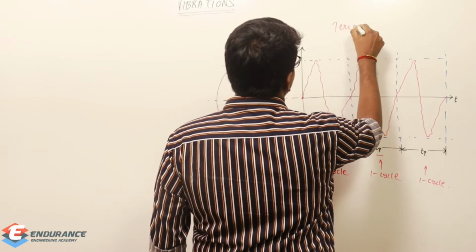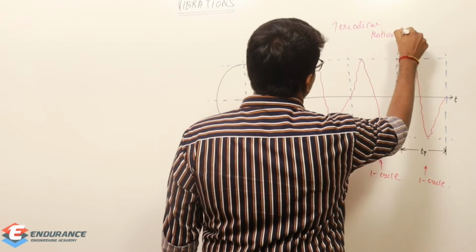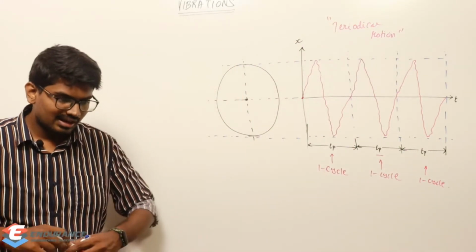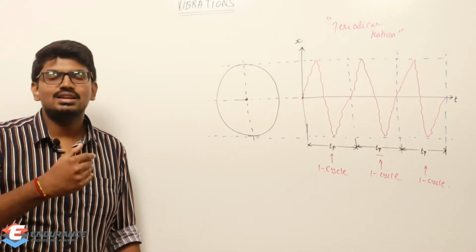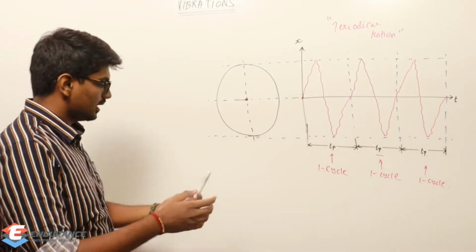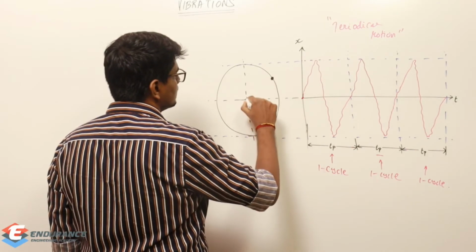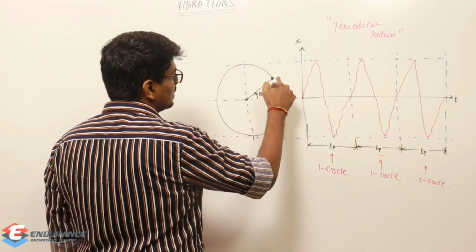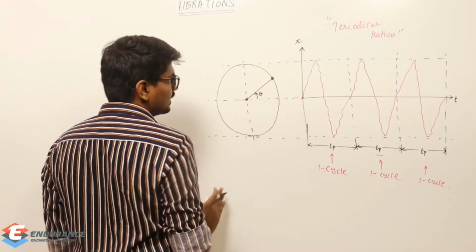What Hertz did was, he said that a periodical motion or a harmonic motion, whatever, can be represented as something similar to a particle. This is the particle, which is present at an angle theta from the x-axis in the anticlockwise direction.